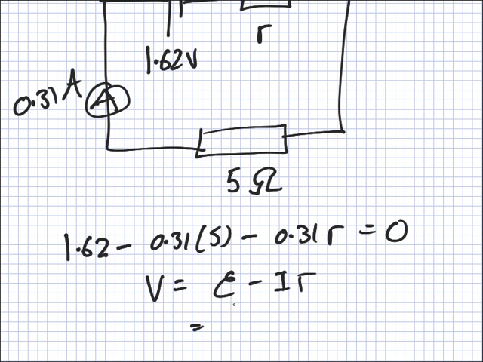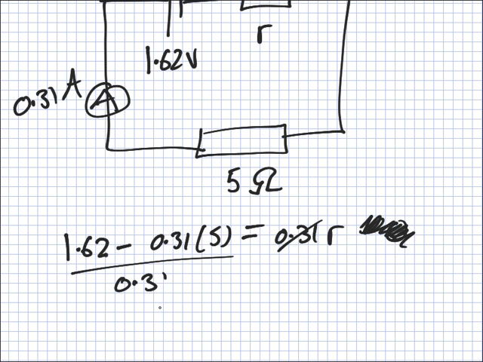And this E is 1.62, the I is 0.31, and this V you can get by using IR. But you realise you can get the same equation, so it doesn't really matter anyways. So what I'll do is I'll take that to the right, and then I'll divide by 0.31, and I have my small r.